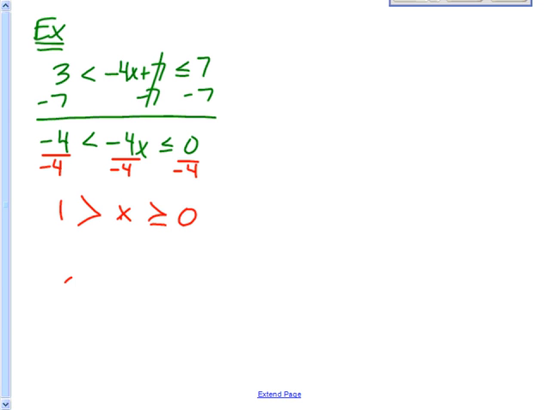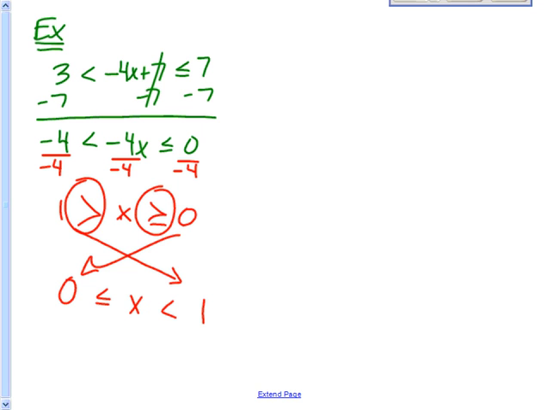Your 0 ends up over here, your 1 needs to be over here, your x right there, but this sign goes with the 0 flipped around, and that sign goes with the 1 flipped around.